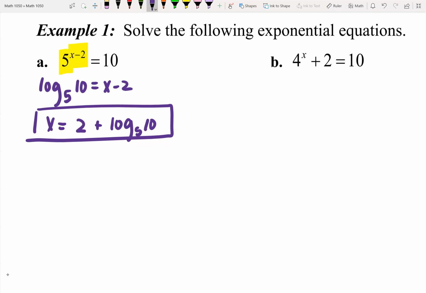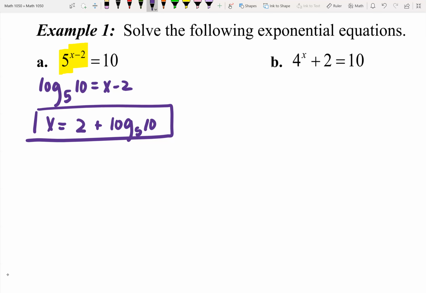That'd be crazy. Everybody go 2 plus log 10, close it off, divided by log 5, close it off, store, enter. Then the original left-hand side that I have highlighted, put that in. So everybody go 5 to the, freeze right there and tell me what I have to put in.